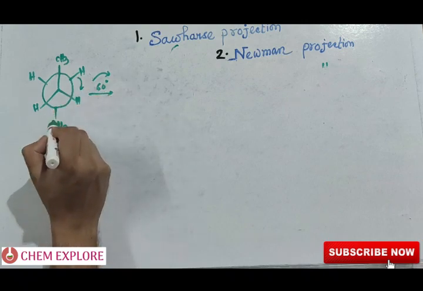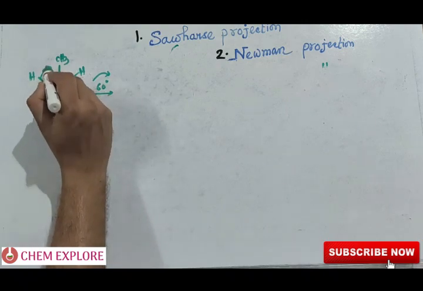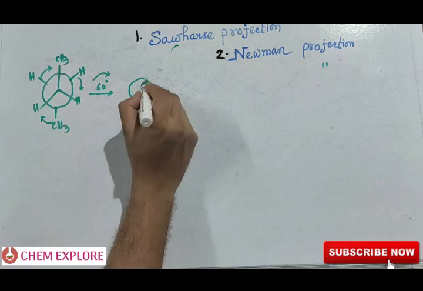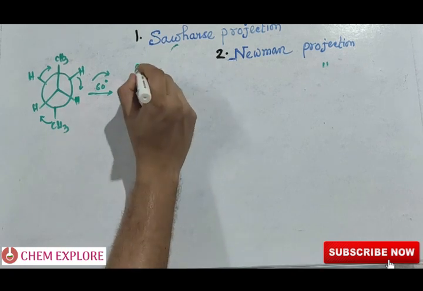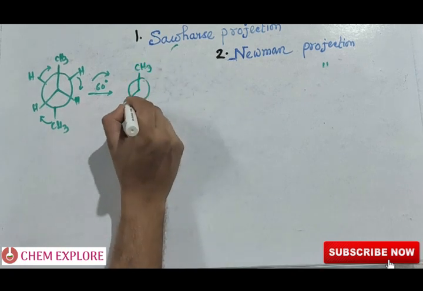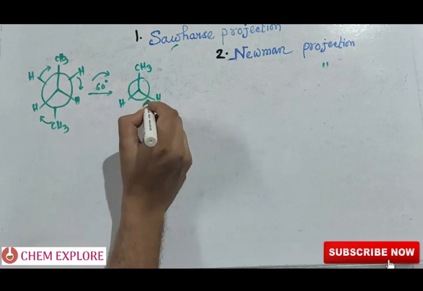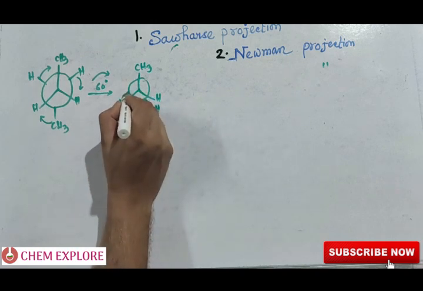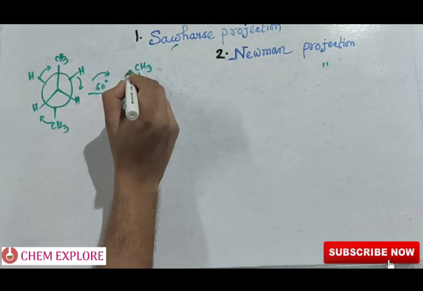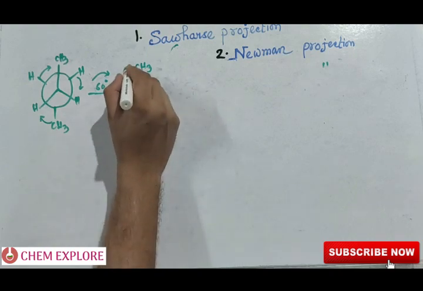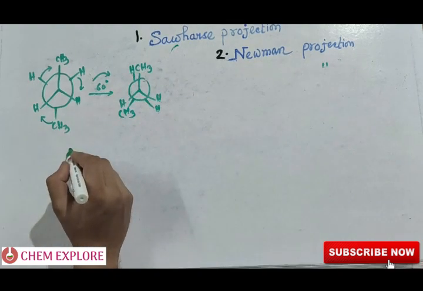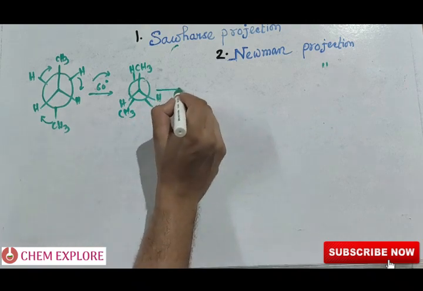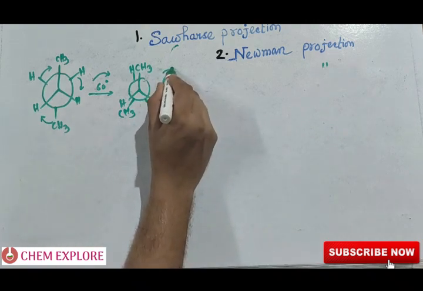Then this will go there, this will go there, this will go there. So what you'll get is CH3, hydrogen. Now you have a hydrogen over here, a hydrogen over there, and a CH3 over here and a hydrogen over there, right? Now again if you rotate 60 degrees, what will you get?